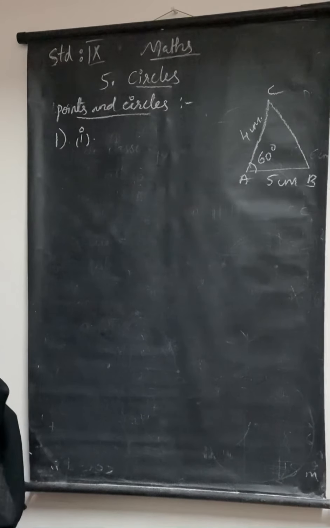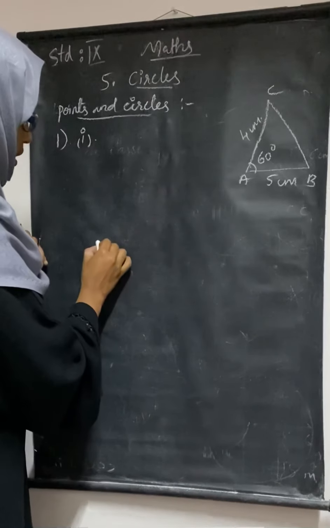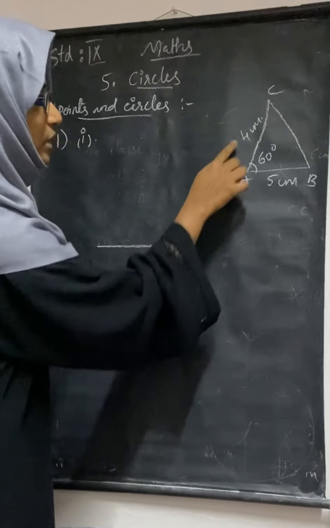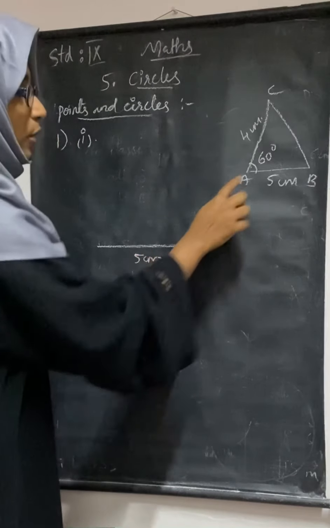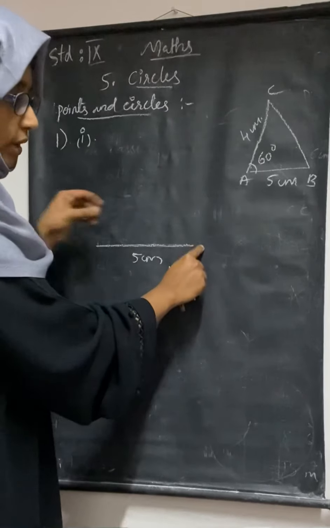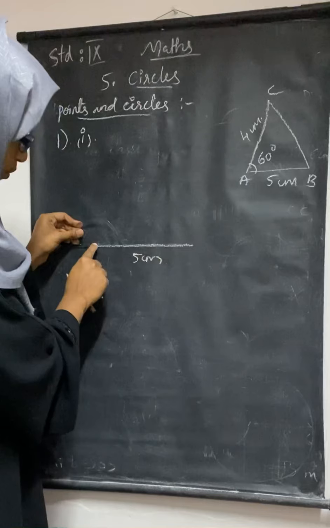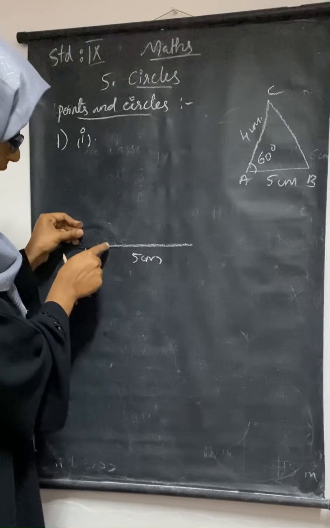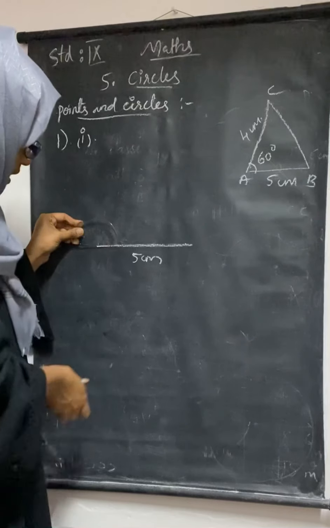So now you can take a 5 cm line, or you can choose 4 also, no problem. I am taking 5 cm, and after that, the angle is 60 degree. You have to mark 60 degree. You can choose here or keep here, no problem. I'll start from here itself, so that you know the line is going this way. On the scale, you have to take 0, 10, 20, 30, 40, up to 60 here.